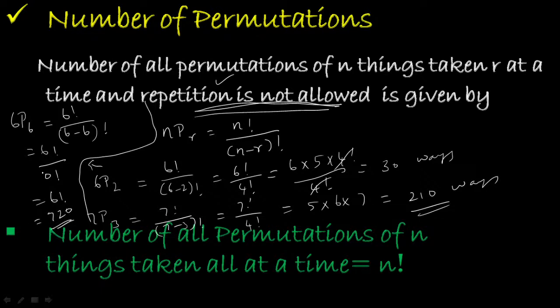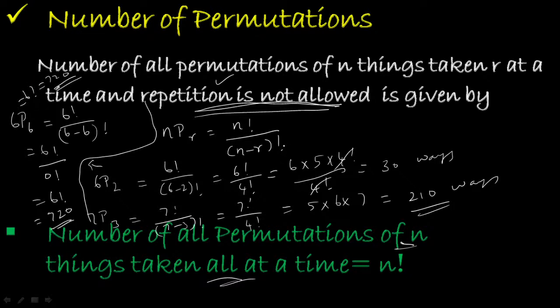So, if we are going to find the number of all permutations of n things taken all at a time, there is no need to substitute and simplify, which takes a little bit of time. In order to avoid this, you directly write the answer. Suppose the question is: calculate 6P6. What is your answer? Directly you write 6 factorial as 720.